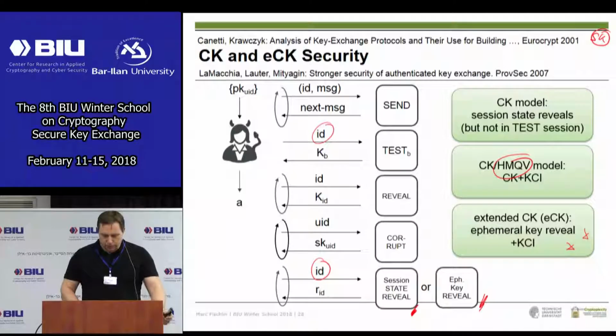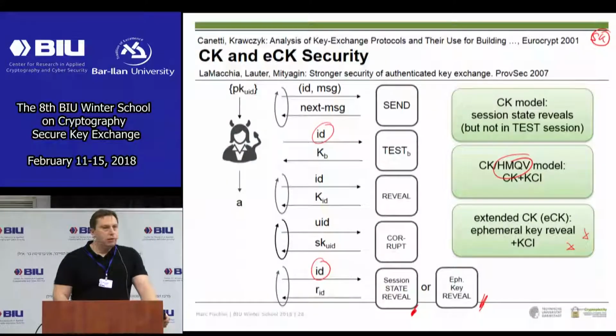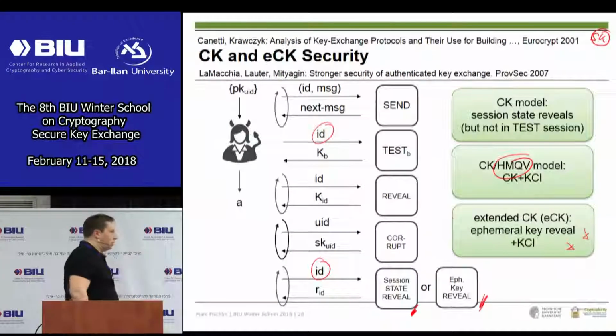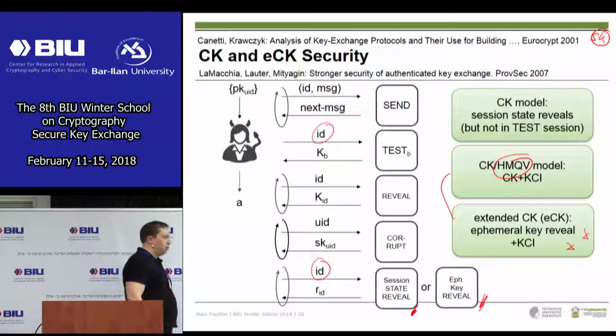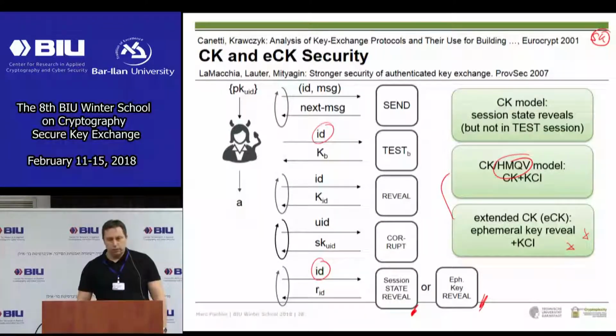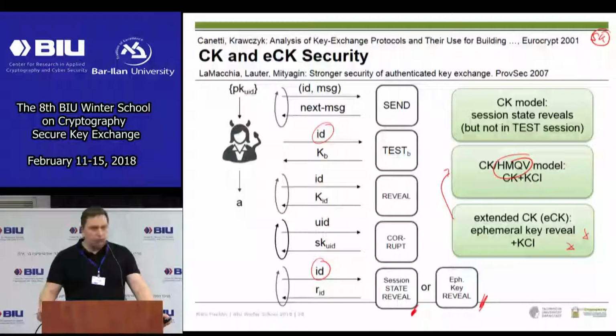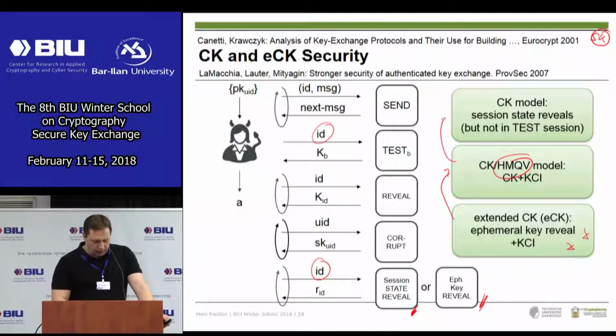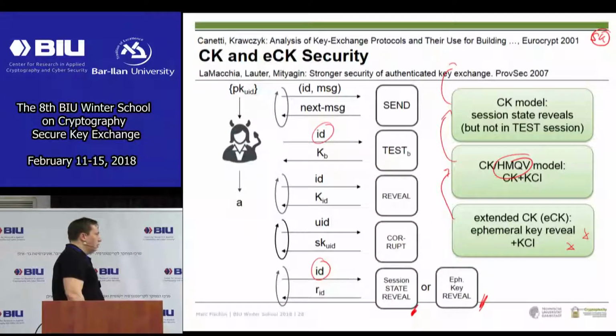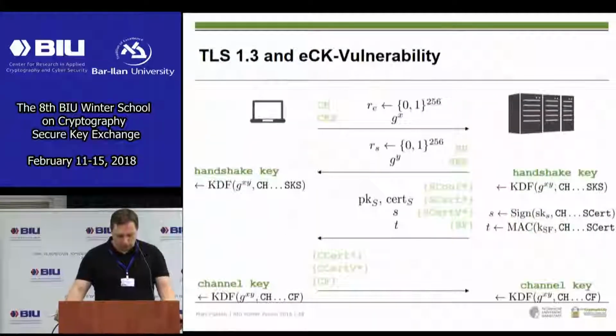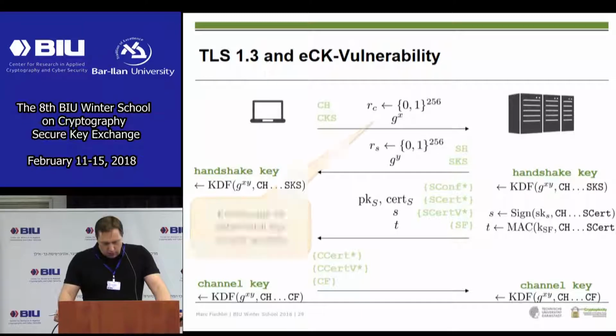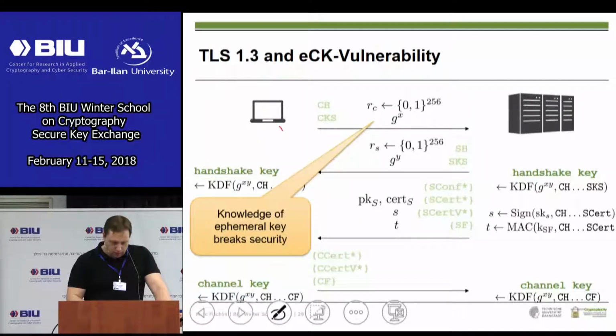And if you want to do it formally, you just add another oracle, saying I can push the button and then I get the session state as return. And of course, then restrictions: you cannot ask for the identity which is used in the test case here. So you would expect that this is stronger, and all implies BR.